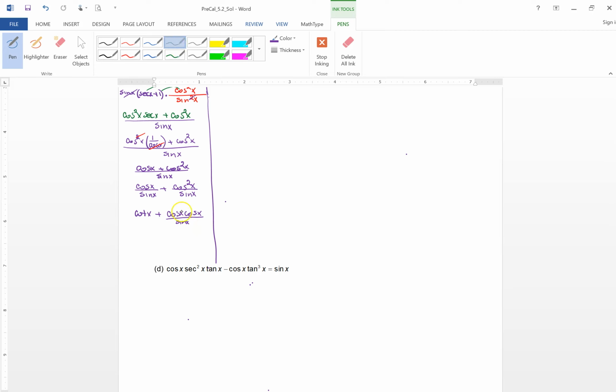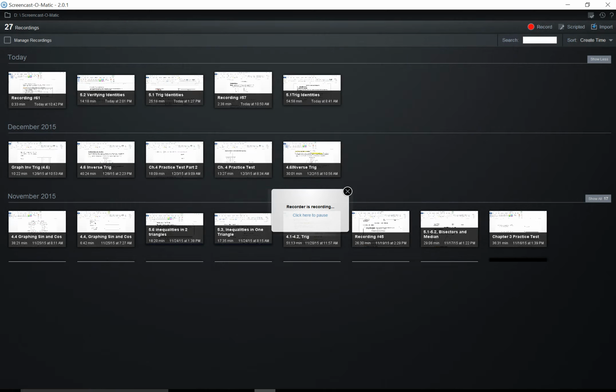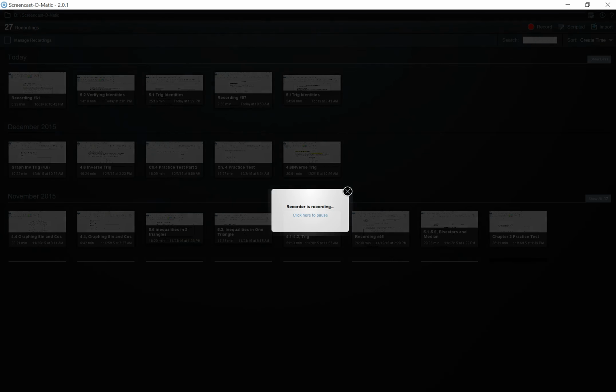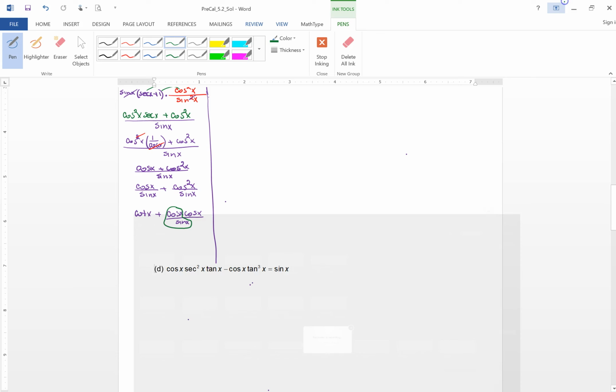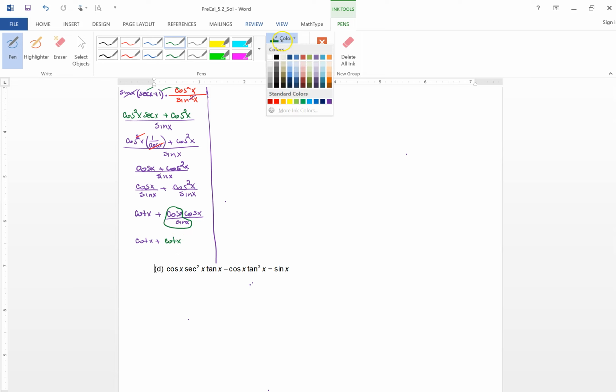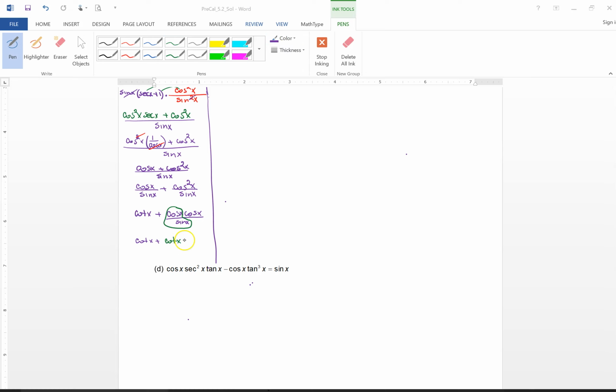Now, if I just group this, that'll give me a cotangent. So I have cotangent x plus another cotangent x times what's left, cosine x.